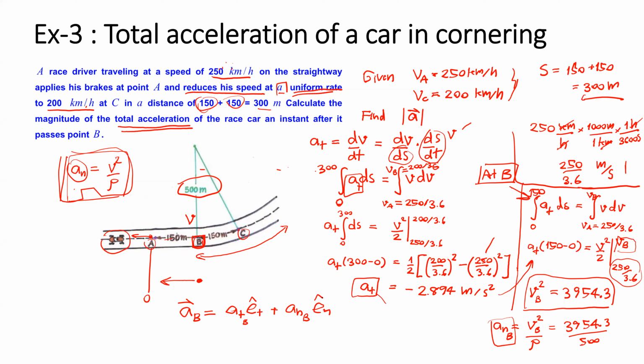If you need to answer the acceleration vector, you can write the magnitude of the tangential acceleration and the magnitude of the normal acceleration multiplied by the unit vectors. But if we need to know the magnitude of the acceleration, you can take the square root of the sum of the squares.